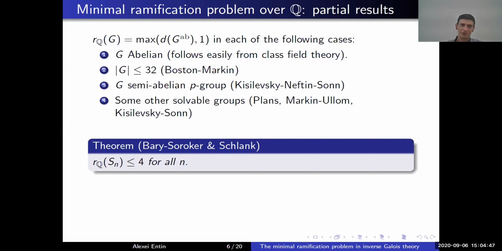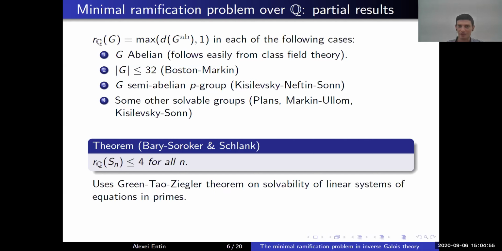And a nice result by Barry, Sawin, and Schlank is that R_Q of S_n is at most 4 for all n. And they proved it using the Green-Tao-Ziegler theorem on the solvability of linear systems of equations in primes. So a very nice tool used here, but it only attains 4 ramified places and not 1 as predicted by the conjecture.